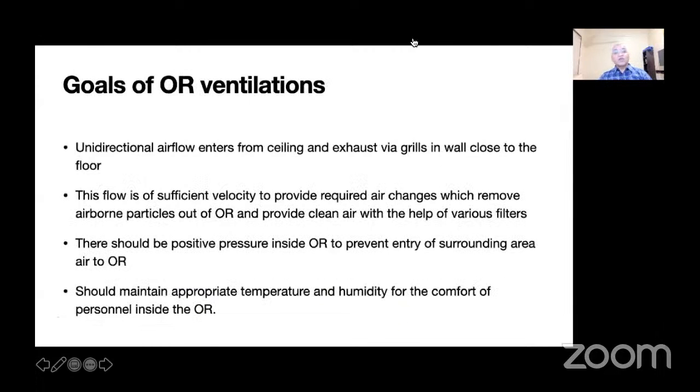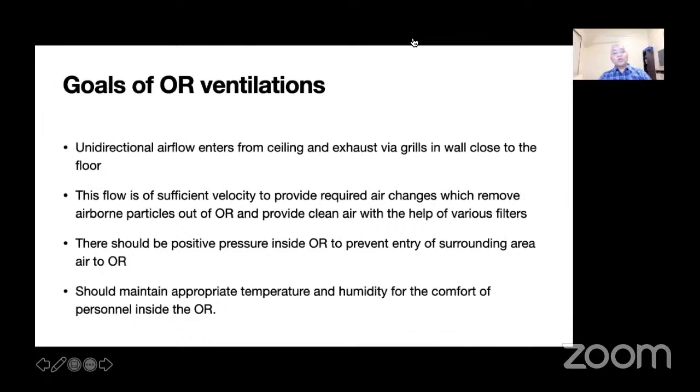So to prevent surgical site infection and give comfort to the operating room personnel, the goal of operating room ventilation is to provide unidirectional laminar airflow which enters from the ceiling and exhausts via grills in the wall close to the floor.